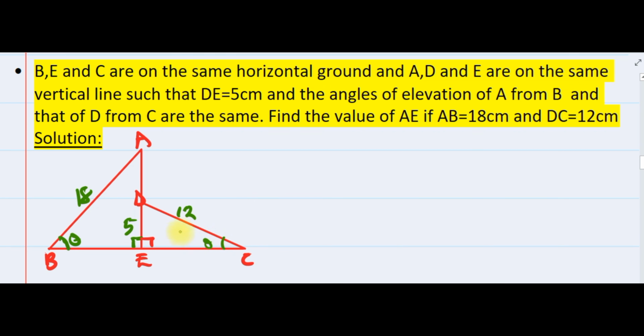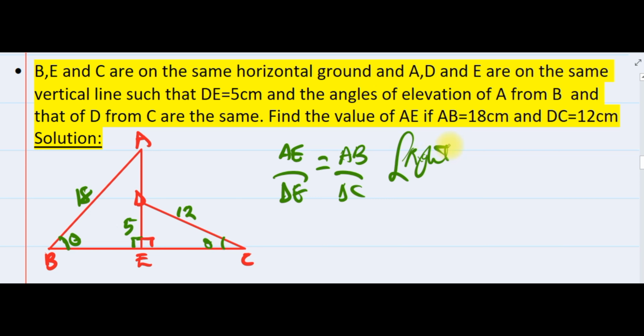So AE corresponds to DE, and AB corresponds to DC, by the right triangle similarity theorem.